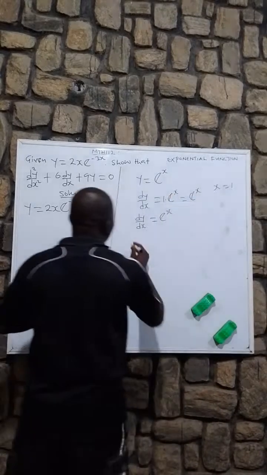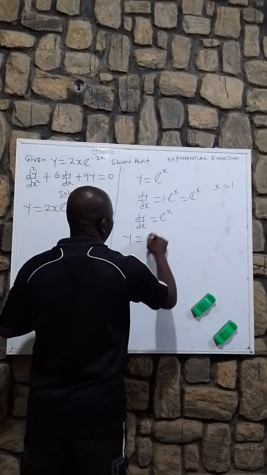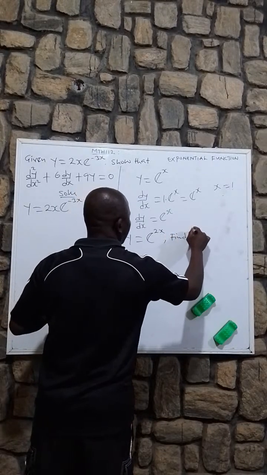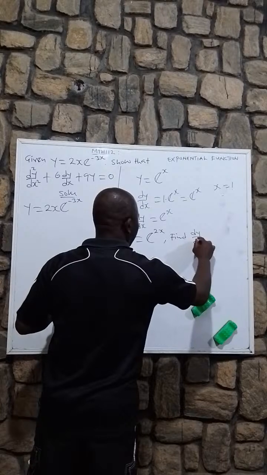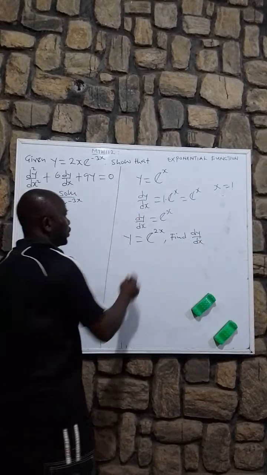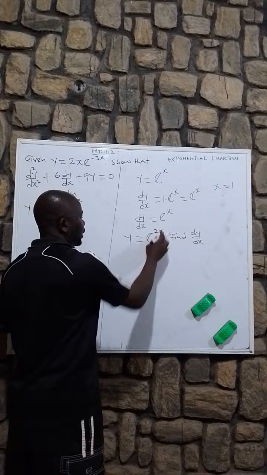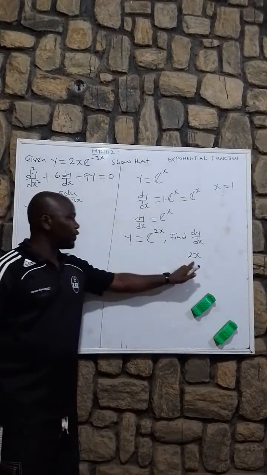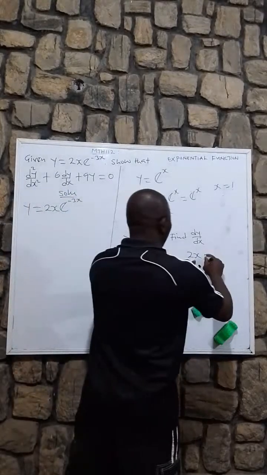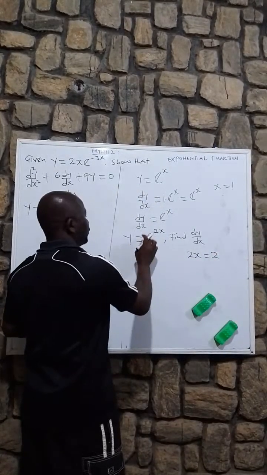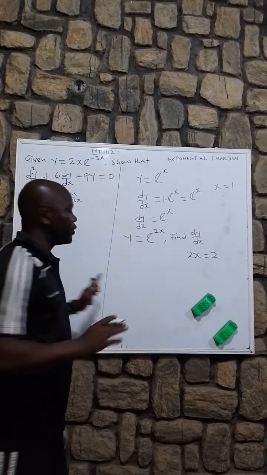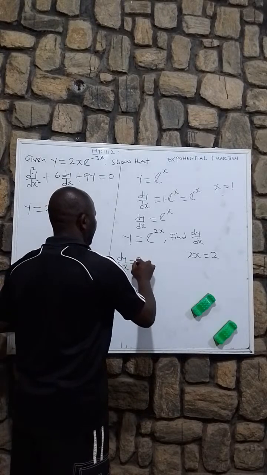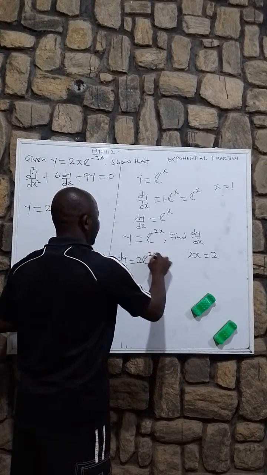Then, assuming you have y equals e to the 2x, and they ask you to find dy all over dx, just do the same thing. Just assume that you are differentiating 2x. If you differentiate 2x, you are supposed to have 2. Use this 2 to multiply whatever is there. That's the answer. So our dy all over dx is equal to 2 e to the 2x.